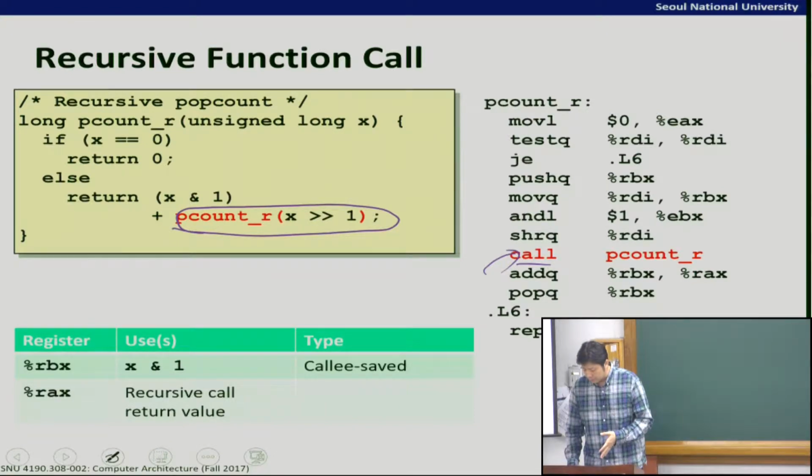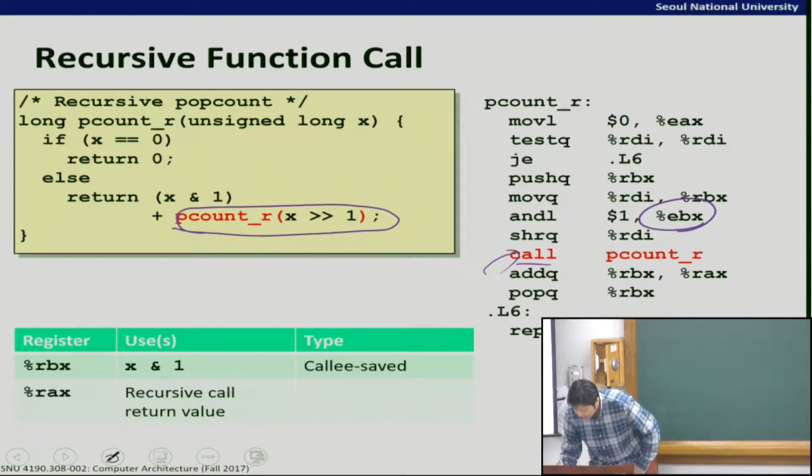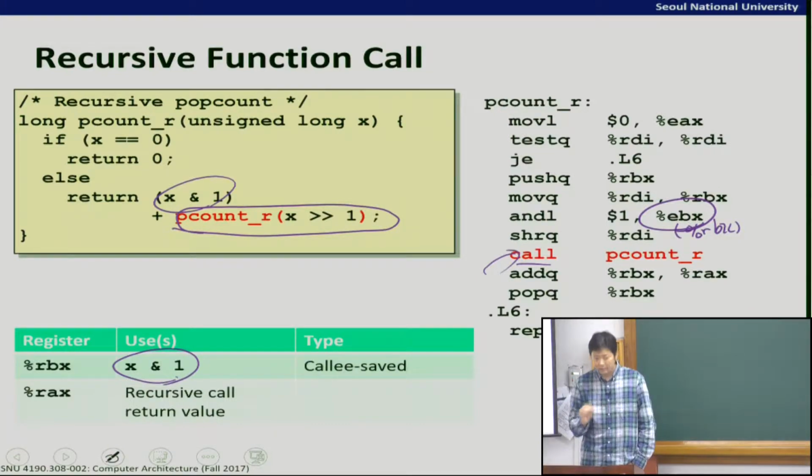And as I said, this EBX is RBX, the same thing. The RBX register holds the value, and this value is preserved across the function call because this register is a callee-saved register, right?